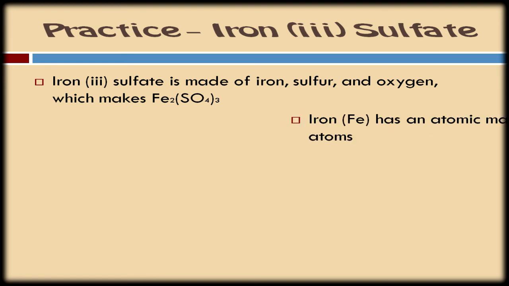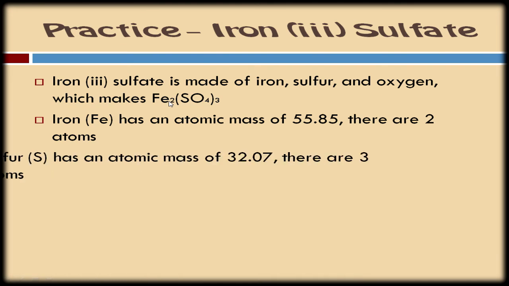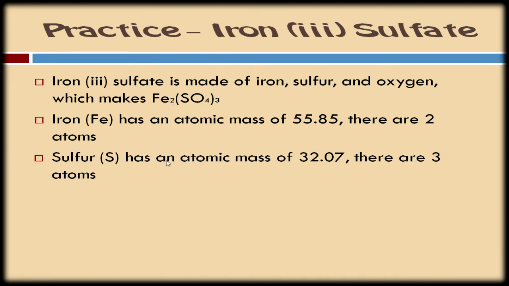Now, iron, Fe, has an atomic mass of 55.85, and as you can see after iron, it has a 2, which means there are 2 atoms. Now, sulfur has an atomic mass of 32.07. That means that on the periodic table, the atomic mass is 32.07.